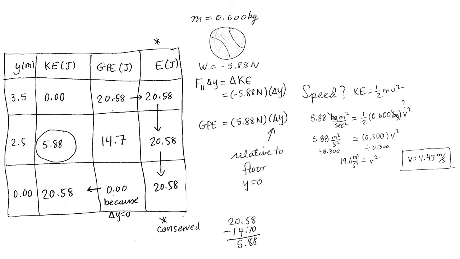All right. Let's work on this, and keep your clickers handy because we're going to try some calculations. We had a 0.60 kilogram basketball. The weight force for that was 5.88 newtons downward.